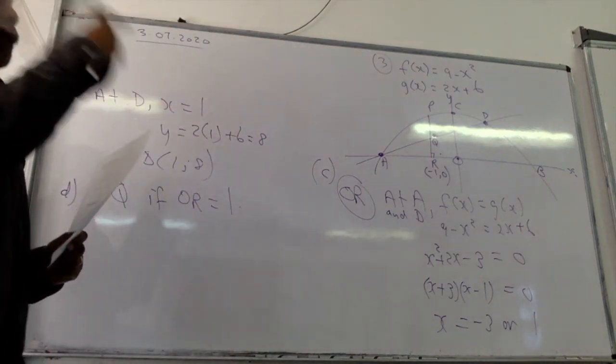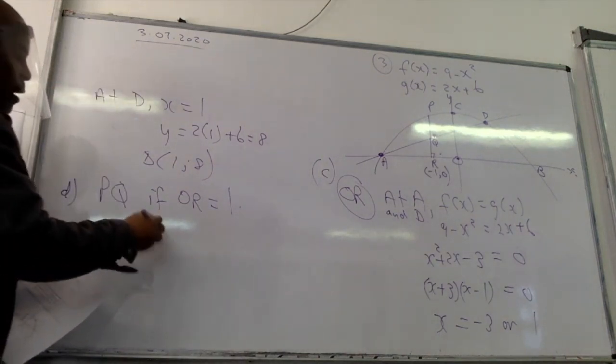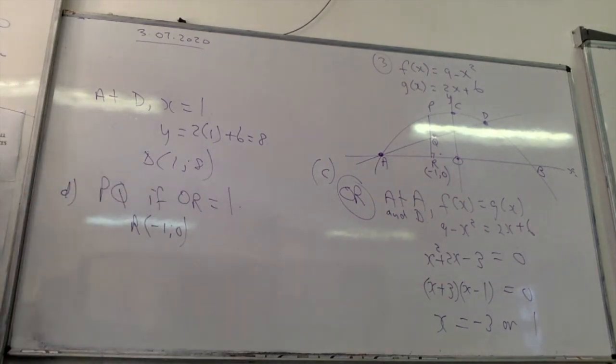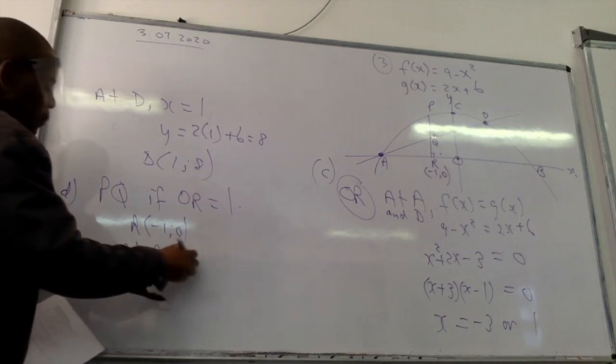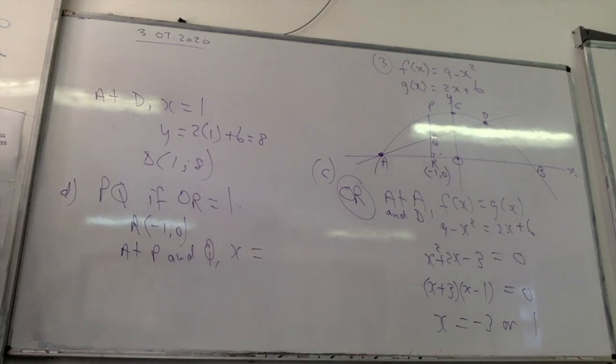Okay, and therefore, because of that, what else do we know? We know the x coordinates of Q and P, so we substitute those into the equation. What is x at P and Q?